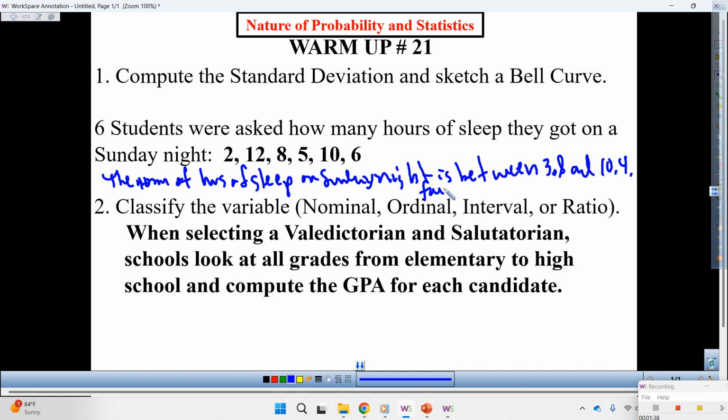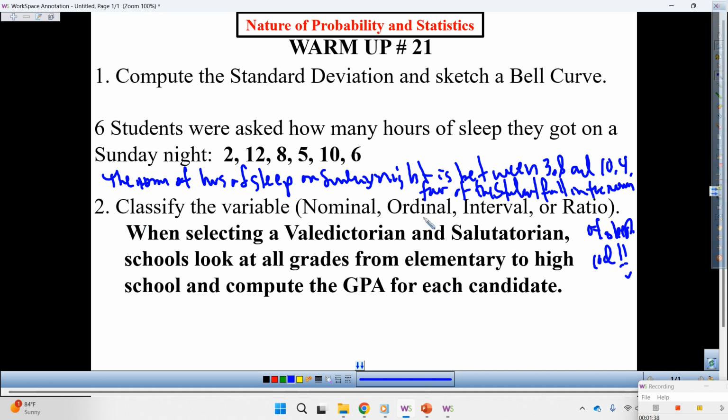Let's go. 4 of the students fall in the norm of sleep. Thank you. Hands, if you agree with that? That's about right.